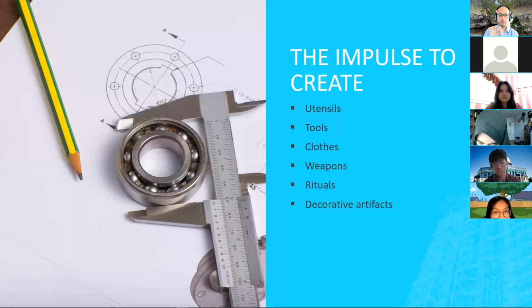people from prehistoric times to the present have deliberately shaped utensils, tools, clothes, weapons, and even created rituals or decorative artifacts as an extension of themselves. For example, as I mentioned, clothes are created to improve thermal protection.